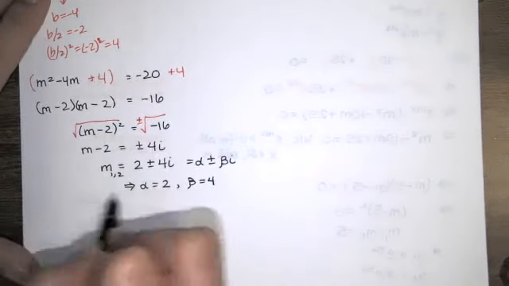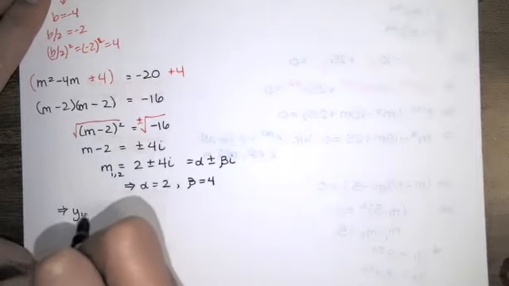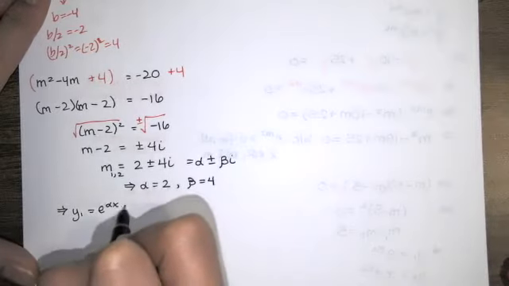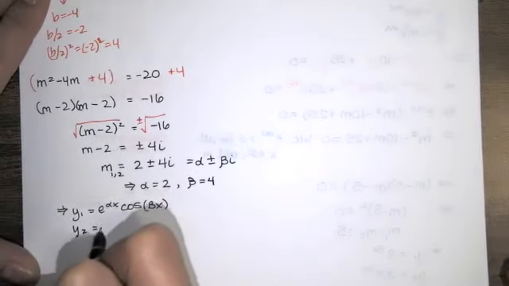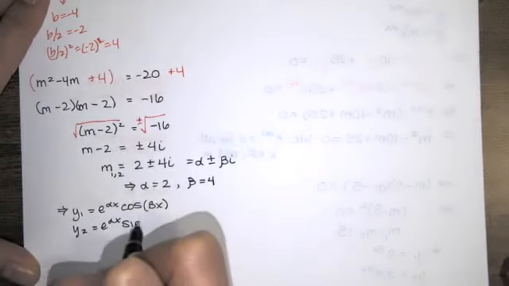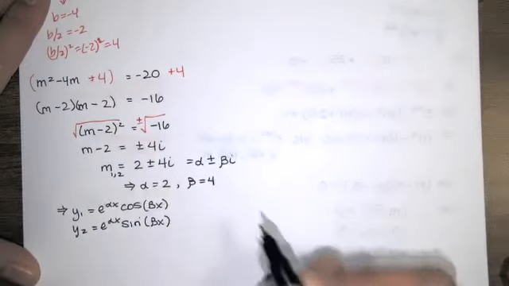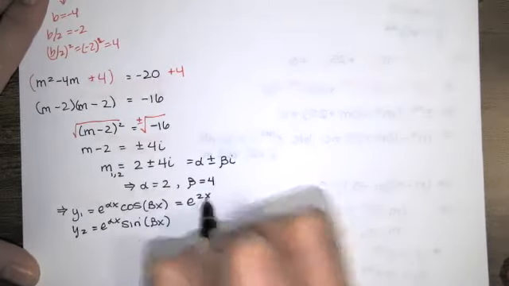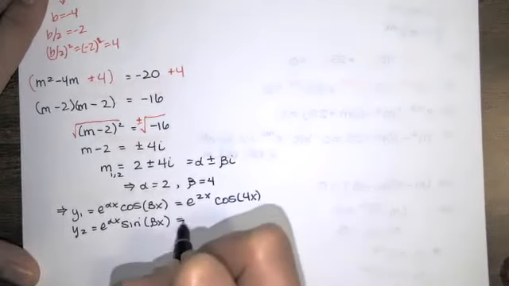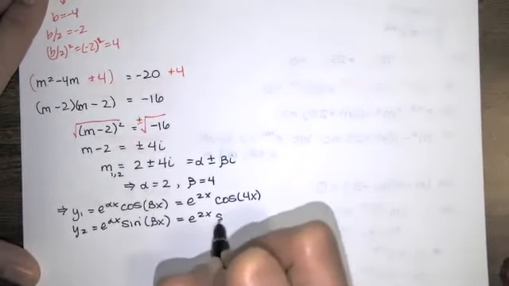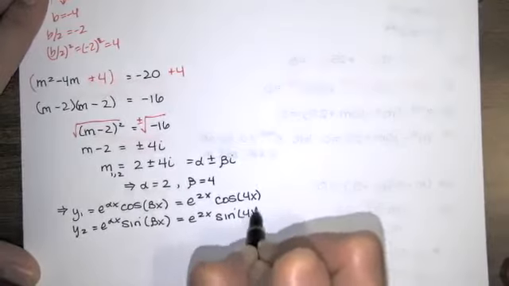Okay, and now since we've got a complex conjugate pair, y1 is e to the alpha x times cosine of beta x, and y2 looks just like it, but instead of a cosine, you're going to have a sine. So we'll have e to the 2x times cosine of 4x, and y sub 2 is e to the 2x times sine of 4x.